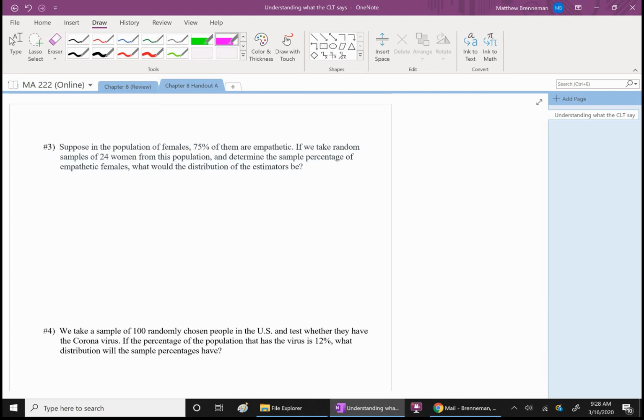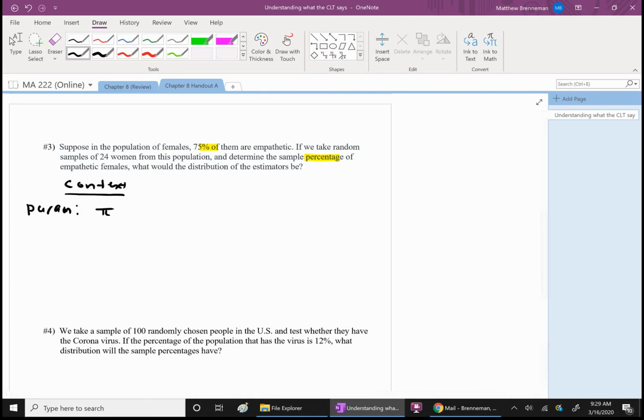Okay, so let's take a look now at our context. As we're reading the problem, we're seeing the word percentages. So this is suggesting that our parameter here is going to be pi, population percentage.